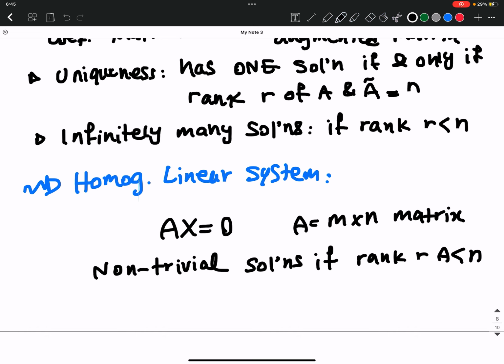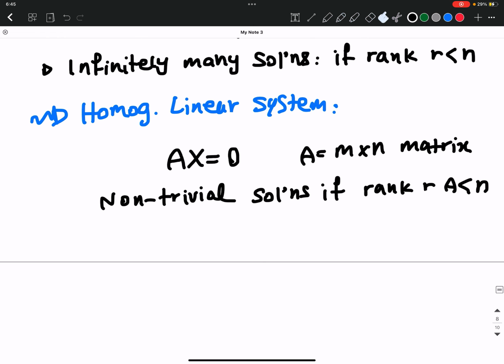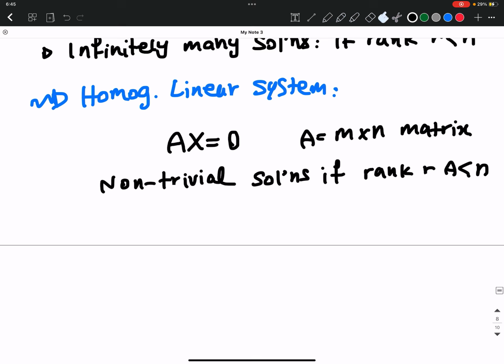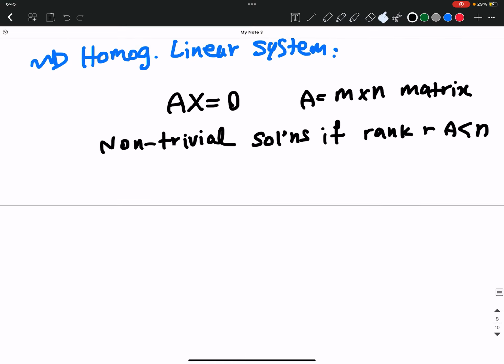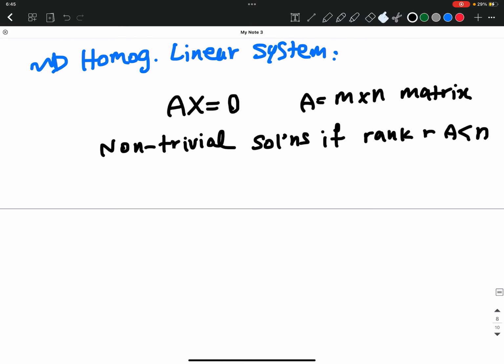Okay. It can have many solutions, but in order to have any non-trivial solution, the rank of the matrix should be smaller than n.